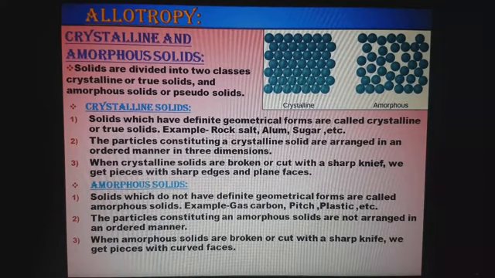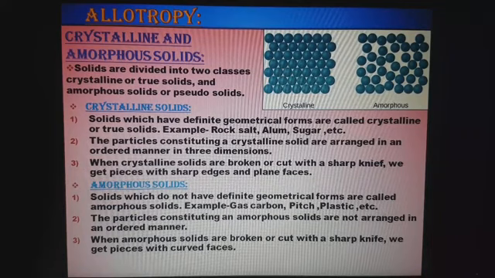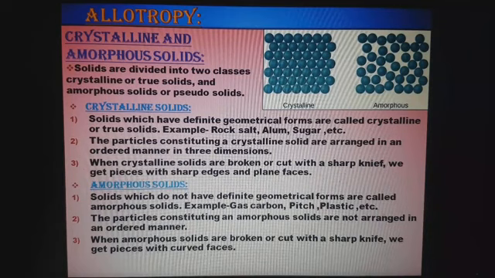So what is this pitch? It is a highly viscous liquid which appears solid, like coal tar pitch, which is very highly viscous but appears to be solid. Then plastic, you already know.